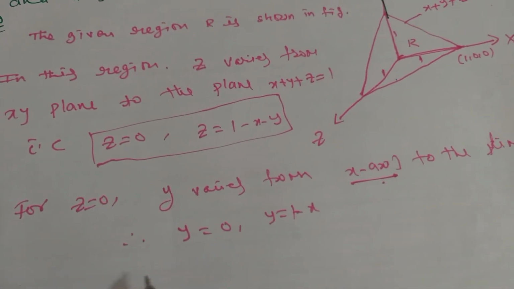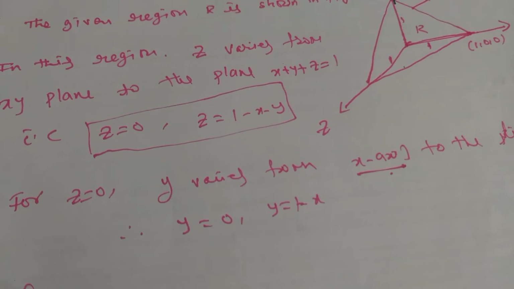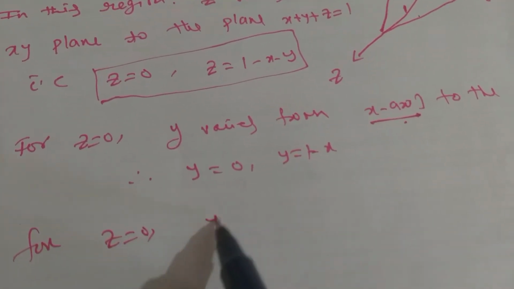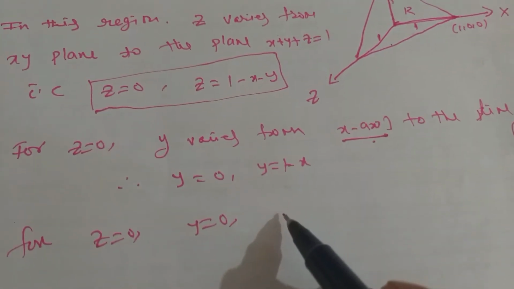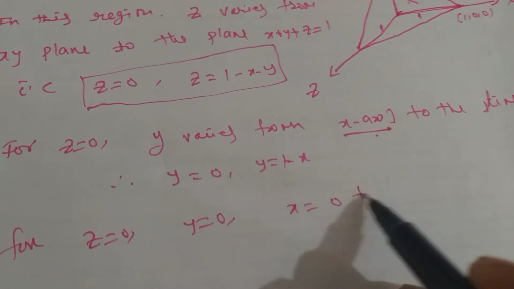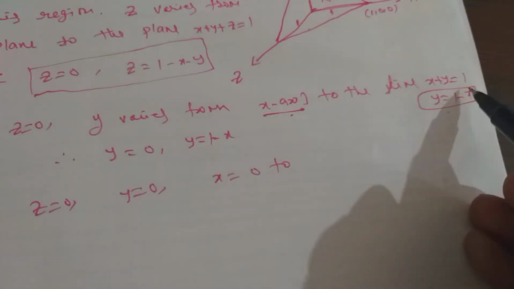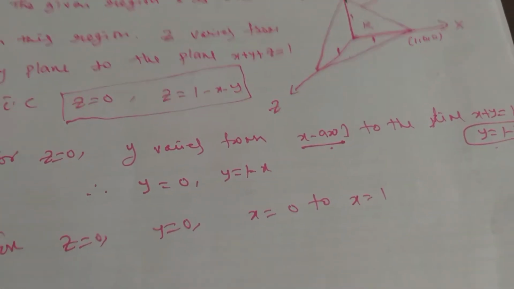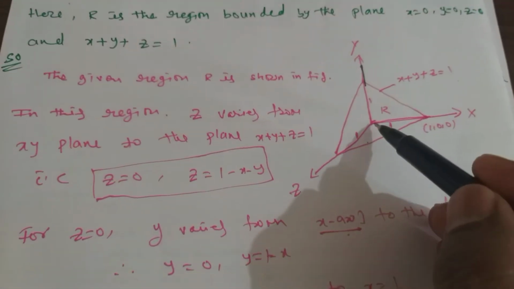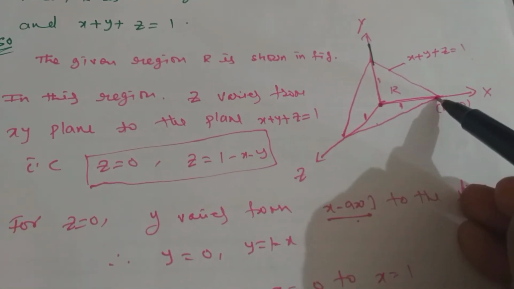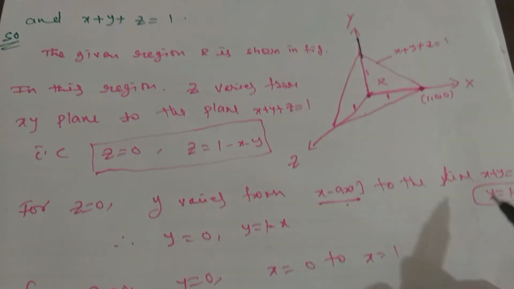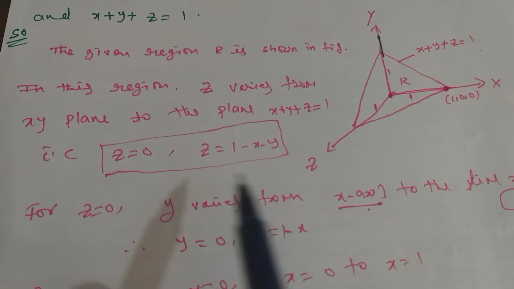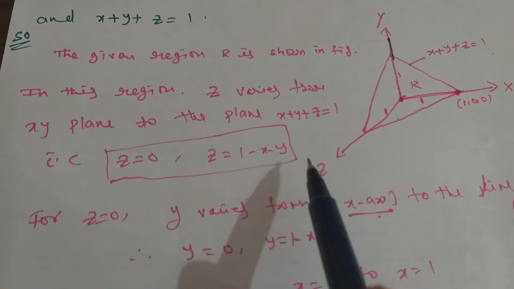Finally, for y equal to 0 and z equal to 0, x varies from 0 to, in x plus y plus z equal to 1, x equal to 1. So x limits are 0 to 1, y limits are 0 to 1 minus x, and z limits are 0 to 1 minus x minus y.